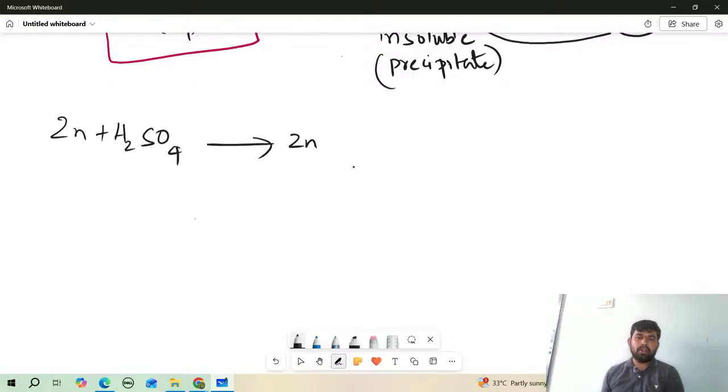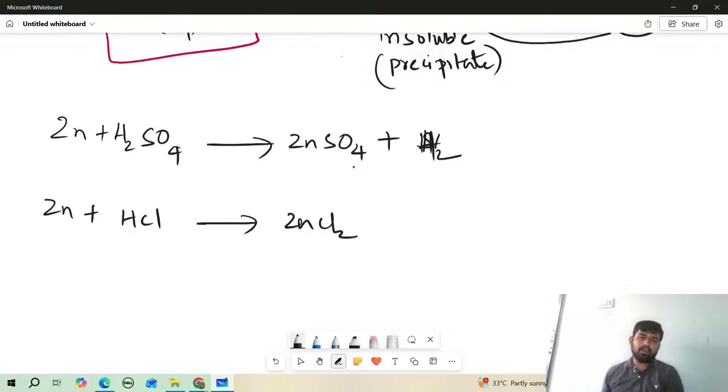It forms 1 mole of ZnSO4 and hydrogen gas. Now, if I take the same zinc with HCl, it forms ZnCl2 plus hydrogen gas. Similarly, if I take Zn plus HNO3, what happens in this case?